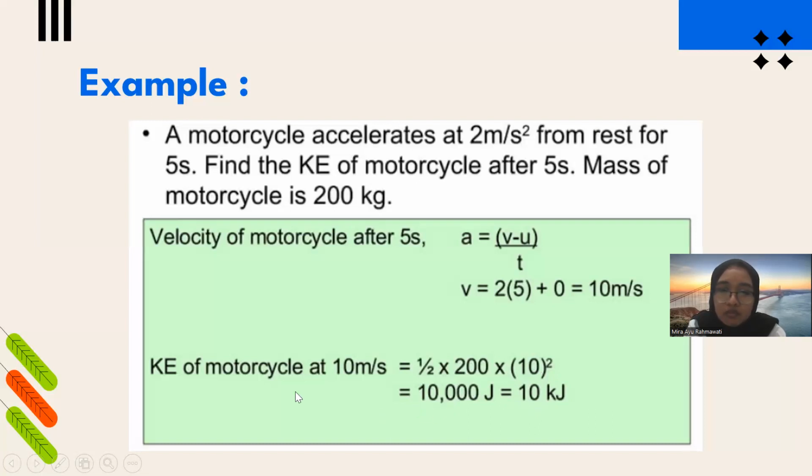So, kinetic energy of motorcycle at 10 meter per second is 10 kilojoule.